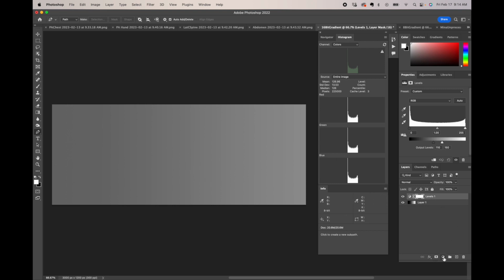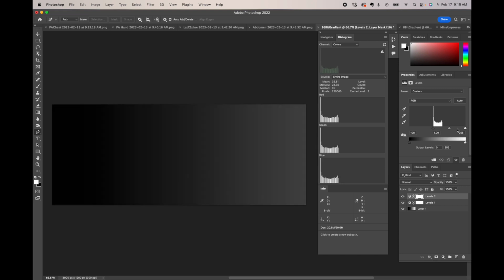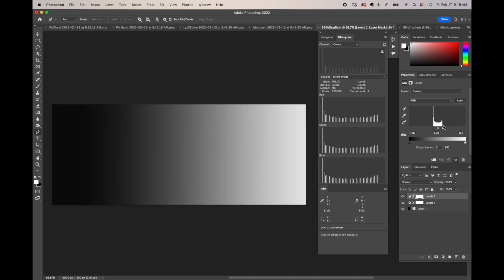So then I'm going to do another levels adjustment, and I'm going to pull in my shadows side to the point where we start having data, which is at the 110 mark. I'm going to come over to the highlight side and pull it in to the 150 mark.